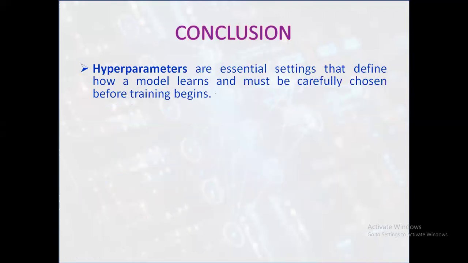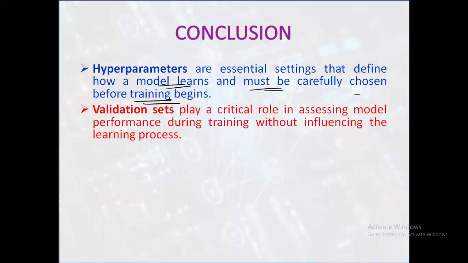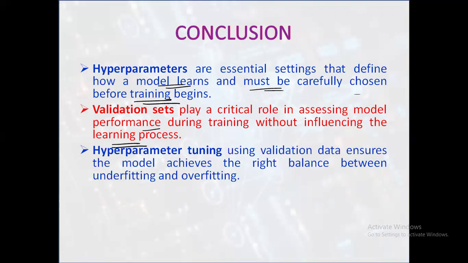And coming into the conclusion, the hyperparameters are essential settings that define how the model learns and must be carefully chosen before training. Next, the validation set plays an important role in assessing the model performance during training without influencing the learning process.